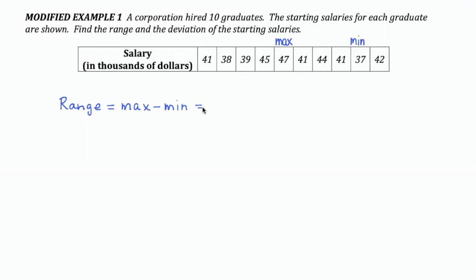So when I do the maximum, I'm going to remember that this is in thousands. And I subtract the minimum, which is 37,000. So the range turns out to be $10,000. Okay, and it's important to put the units on it and to represent the amount accurately. 10 would not be the correct answer here.